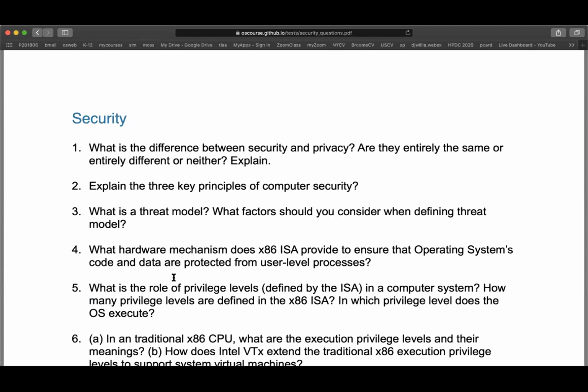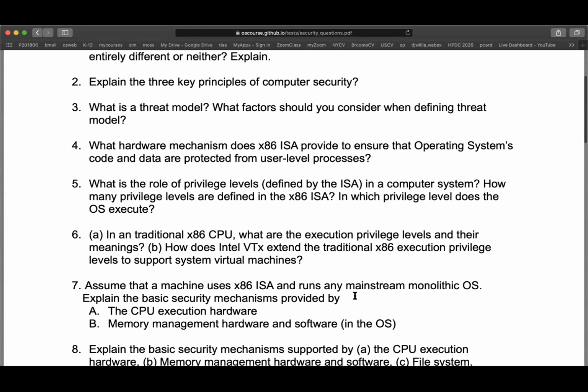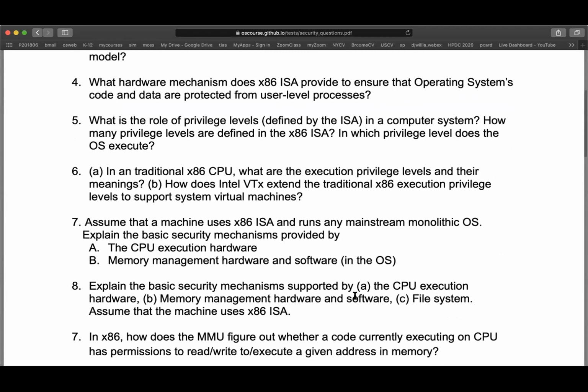What is the role of privilege levels, for example? The x86 ISA has 4 privilege levels. And yes, these sample questions are a good guide to what to focus upon.